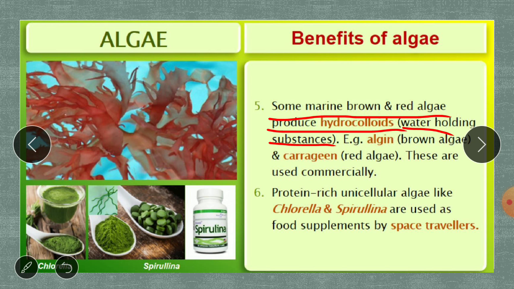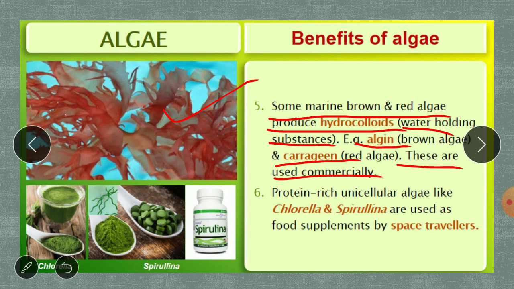Examples are algin from brown algae, and carrageenan from red algae. These are commercially used as hydrocolloids, like a sponge, because they store a lot of water.